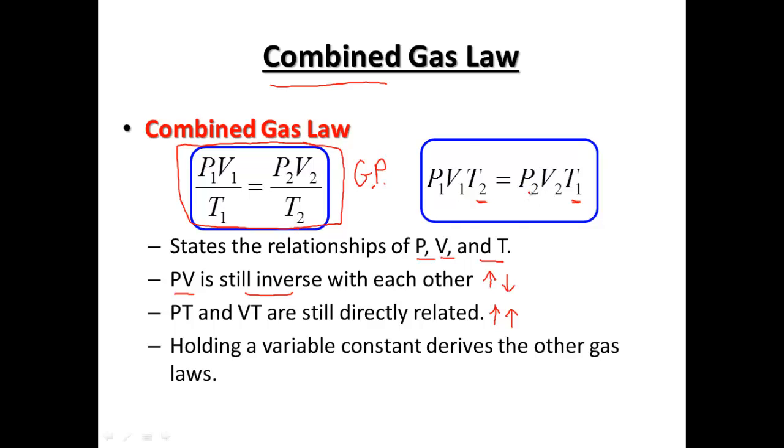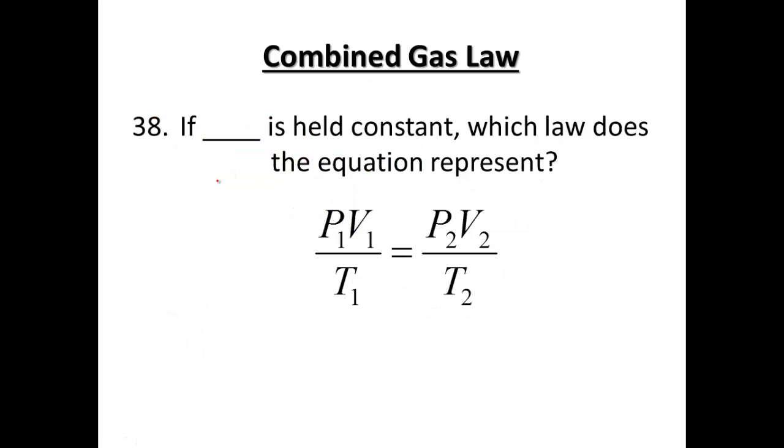Now, what we've seen so far is if we hold one part constant. If we hold volume constant, this would be Gay-Lussac's law, meaning if volume 1 is the same as volume 2, we can remove it from the equation. And we now have pressure 1 over temperature 1 equals pressure 2 over temperature 2.